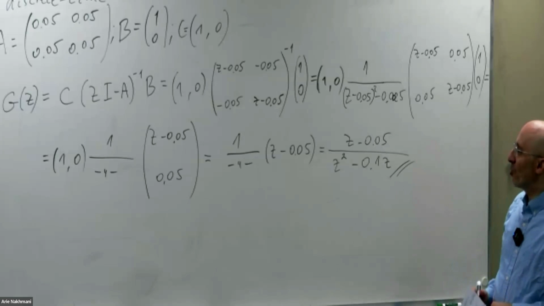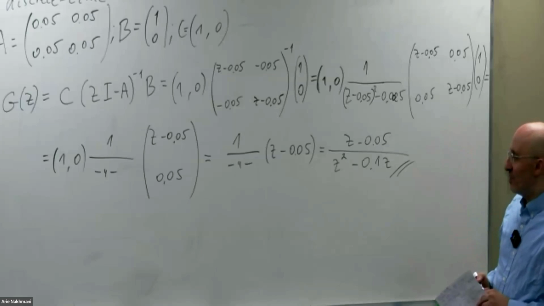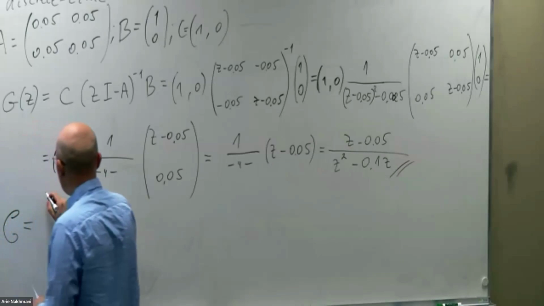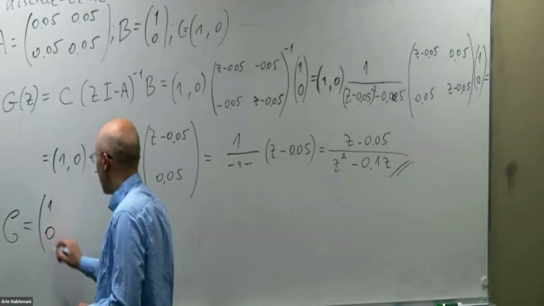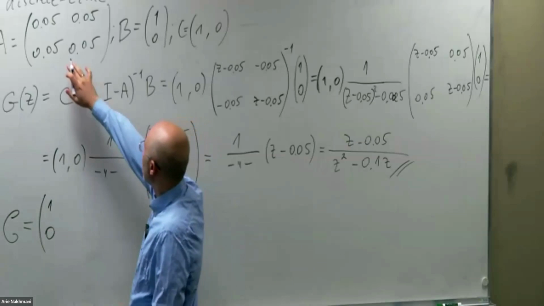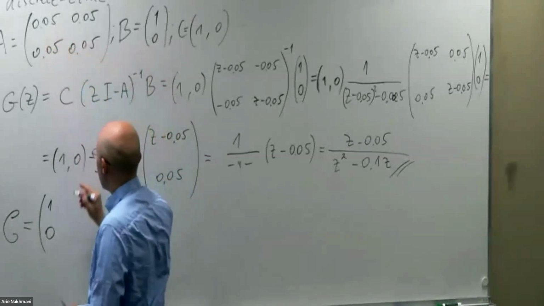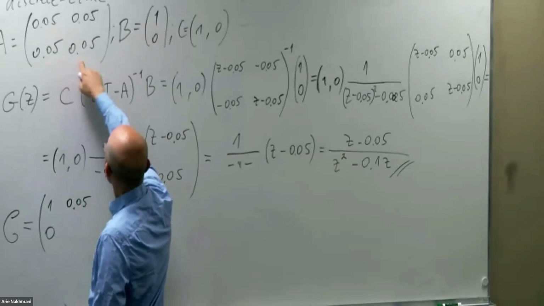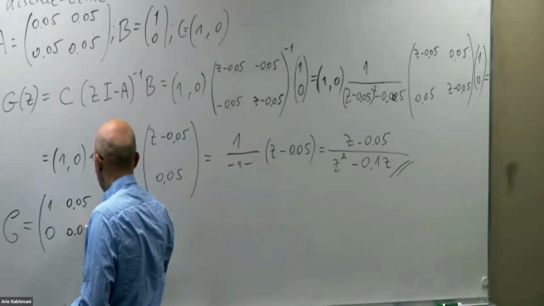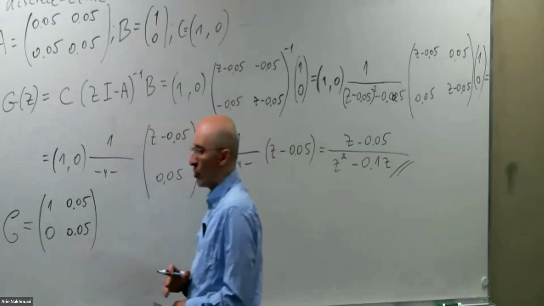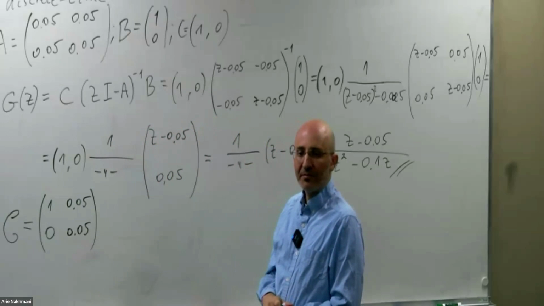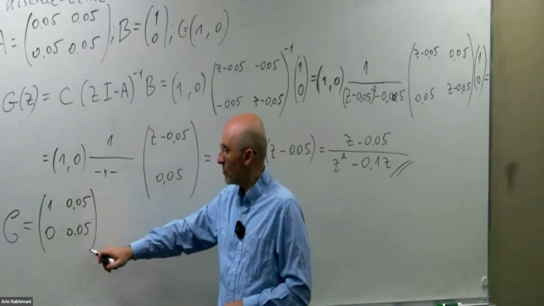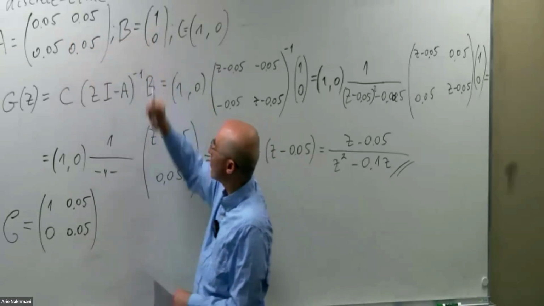So now we need to compute controllability and observability properties of the system. So the controllability matrix will look like that. First of all, B, it's 1, 0. And then A times B: 0.05 times 1, 0.05, and again 0.05. That's our controllability matrix. Questions? This is just A times the B vector, which is that times 1 and that times 1.